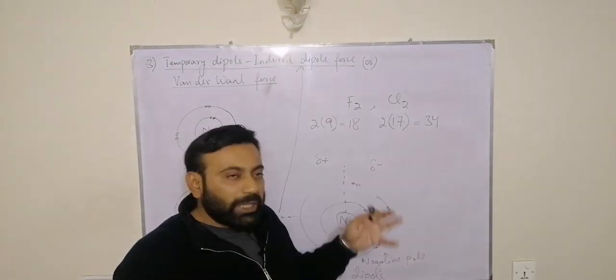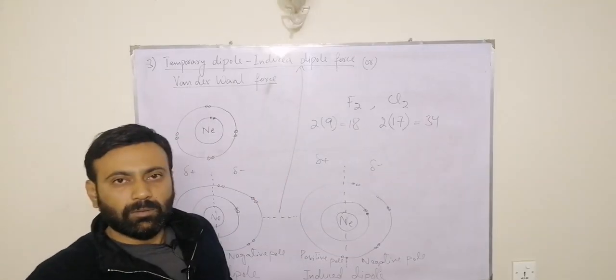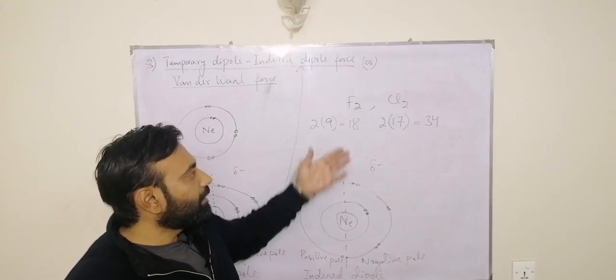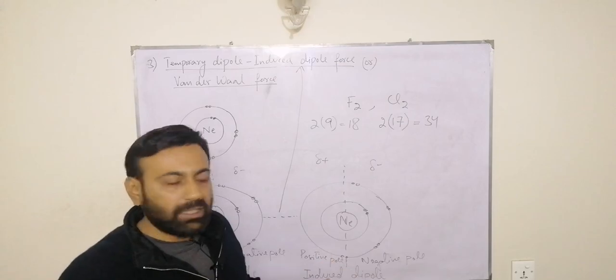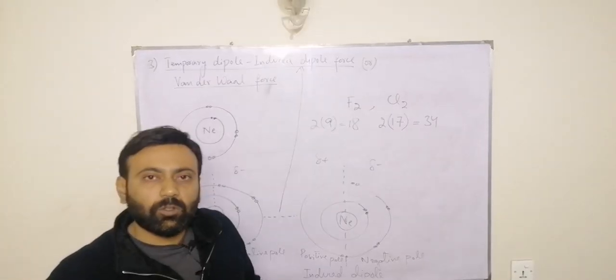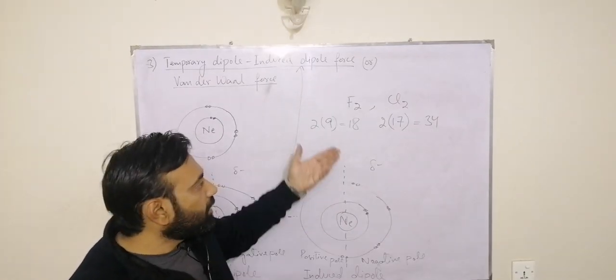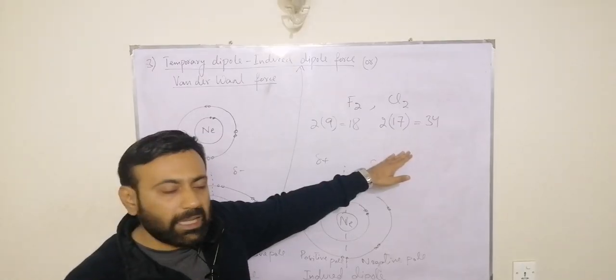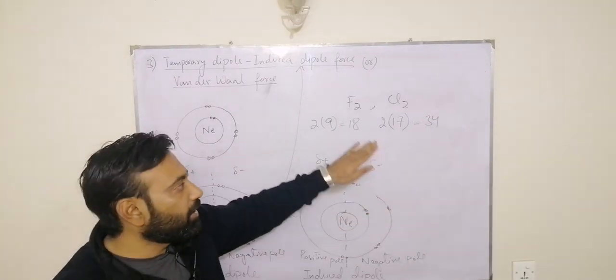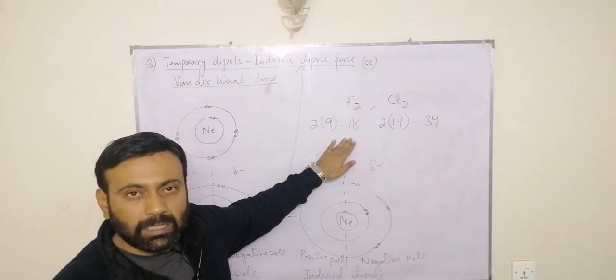So when a chlorine molecule forms a temporary dipole, it would be stronger than the temporary dipole of a fluorine molecule. Similarly, the induced dipole in the chlorine molecule would be stronger than the induced dipole in a fluorine molecule. This is why chlorine has a higher boiling point as compared to fluorine.